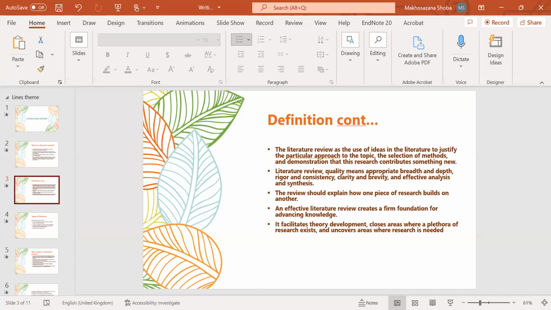Also, making sure that you are synthesizing what you are reading. You are combining the reading, integrating, and rearranging what is already out there, so that you demonstrate the understanding of your phenomenon.